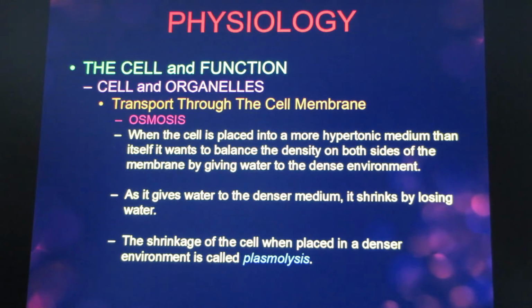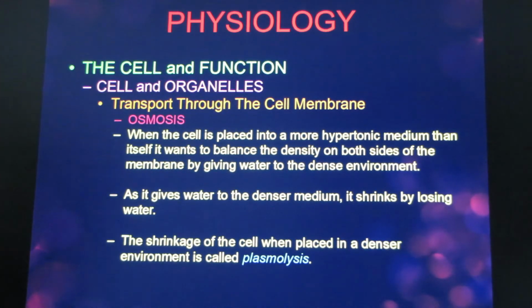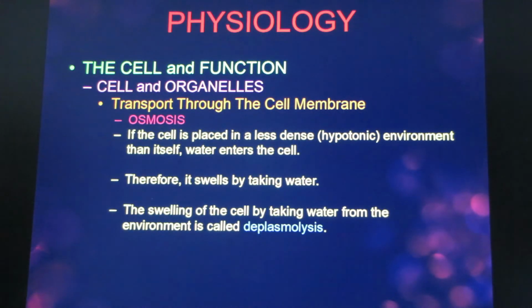That is what is meant by hypertonic. It is more dense than the medium inside the cell. And as it gives water to the denser medium, it shrinks by losing its water. The shrinkage of the cell when placed in a denser, hypertonic environment is called plasmolysis.